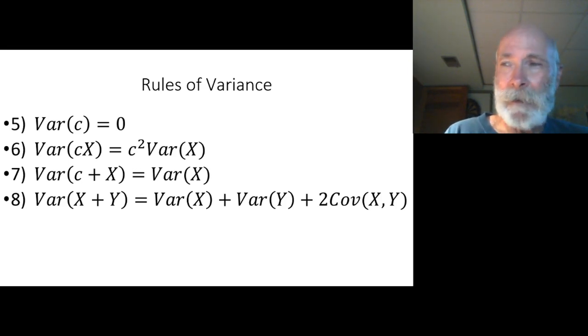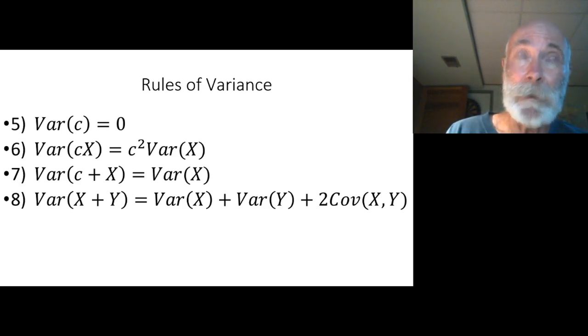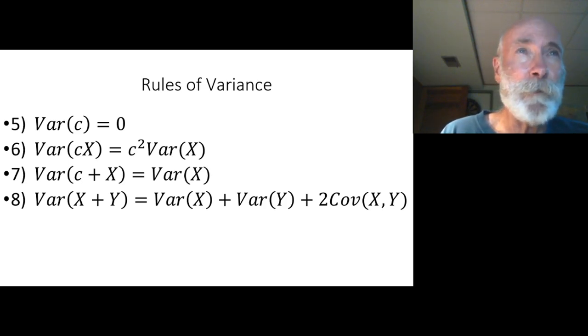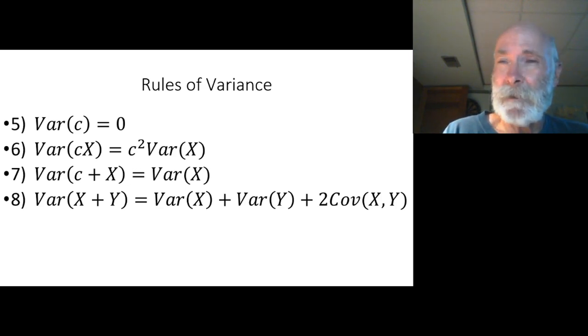Now, in years past, I had my experimental design students prove this final rule of variance. We're going to skip through that. I will provide you with the proof if you want it, but it's a pretty intriguing proof, and it helps you understand the importance of this covariance term. So if the random variables are statistically independent of one another, that is, if they are orthogonal, then the variance of the sum is the sum of the variances.